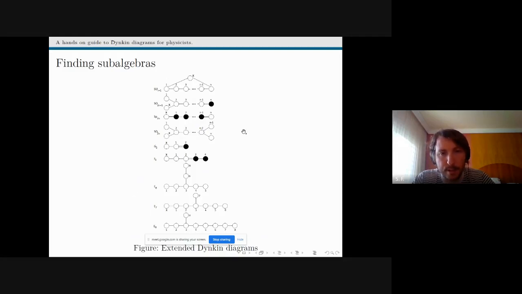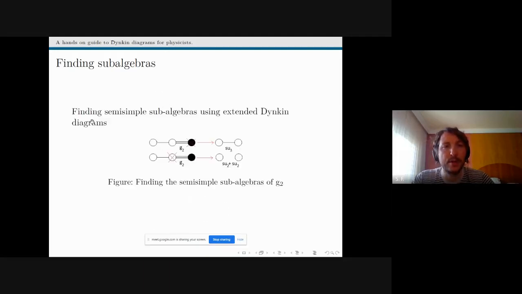So these are the extended Dynkin diagrams, and these are useful because you can use them to find the maximal semi-simple sub-Lie algebras of any given Lie algebra. And as far as I know, there are no exceptional cases here.